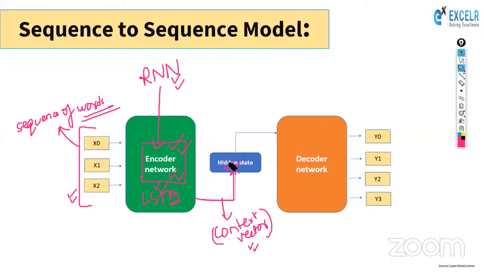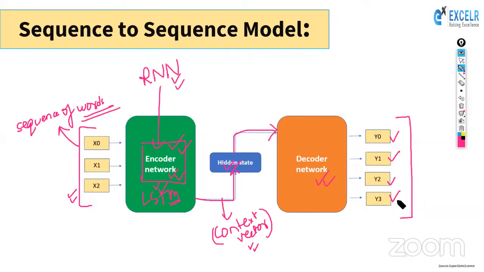Now this context vector goes into the hidden state, which is the input to your decoder model. What will the decoder model do? It will do the reverse of your encoder network. Based upon this context vector, it will try to understand the context of this input data, and based upon that, it will generate the future possible outcome words, right?